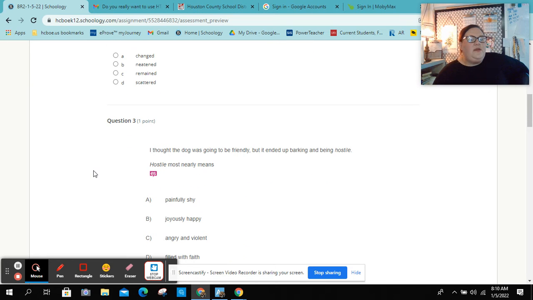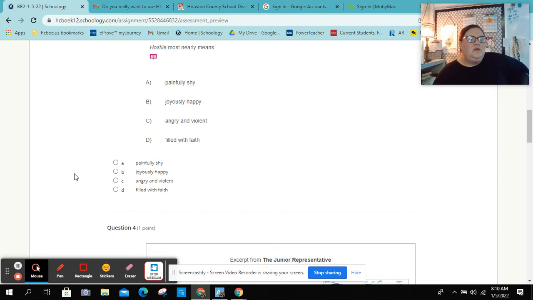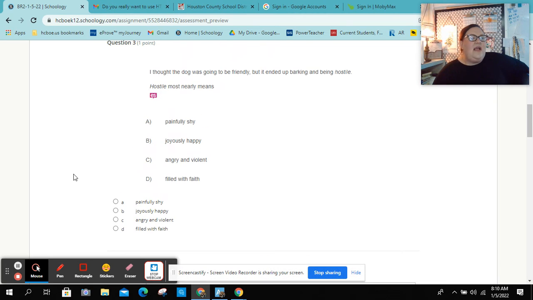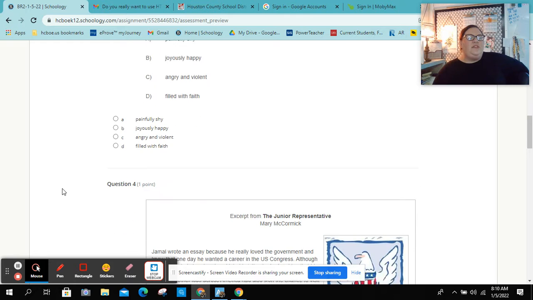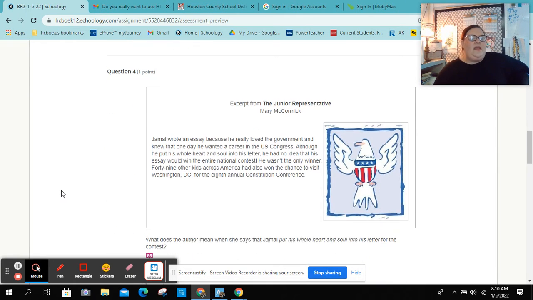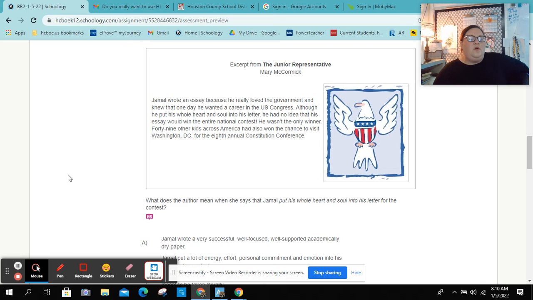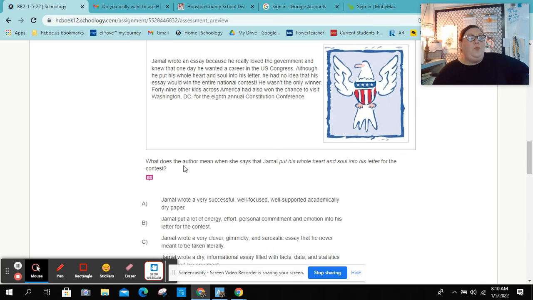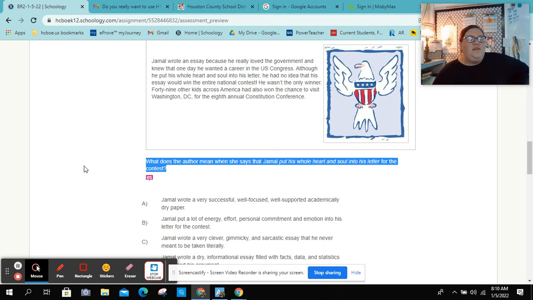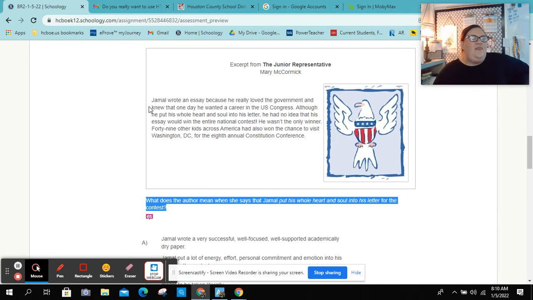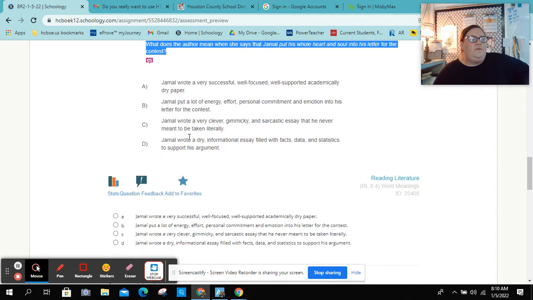I thought the dog was going to be friendly, but it ended up barking and being hostile. Hostile most nearly means, you have to use your context clues to figure out what hostile means. On the 4th one, you have to read the question first. What does the author mean when he says that Jamal put his whole heart and soul into his letter for the contest? Then go back and read the paragraph.